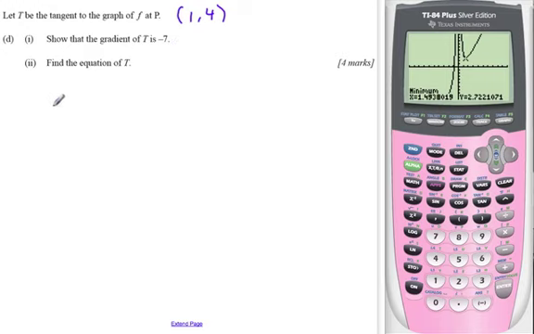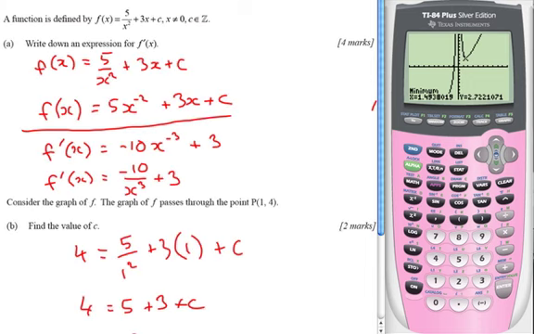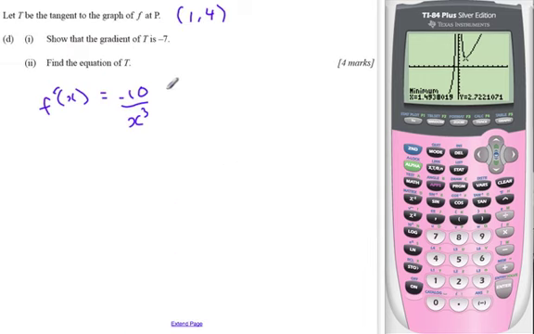If we use our gradient, which was f dash x equals -10 over x cubed add 3. Let's go back to check. There we go: -10 over x cubed, add 3. That's our gradient function.